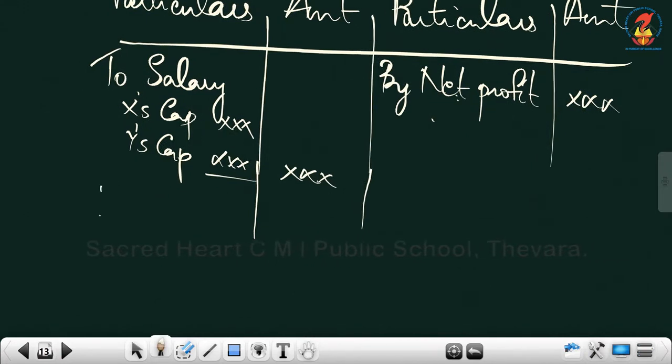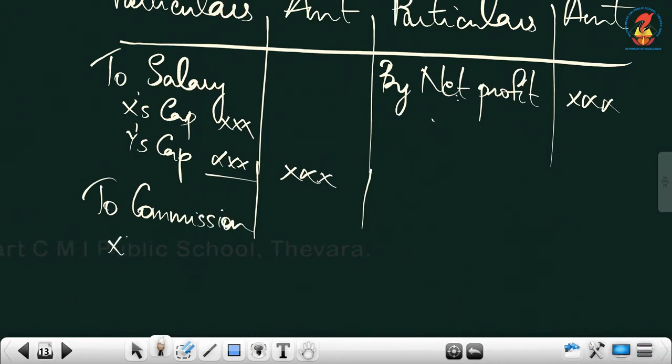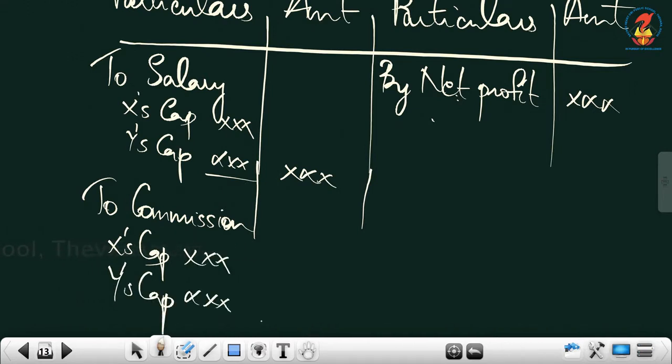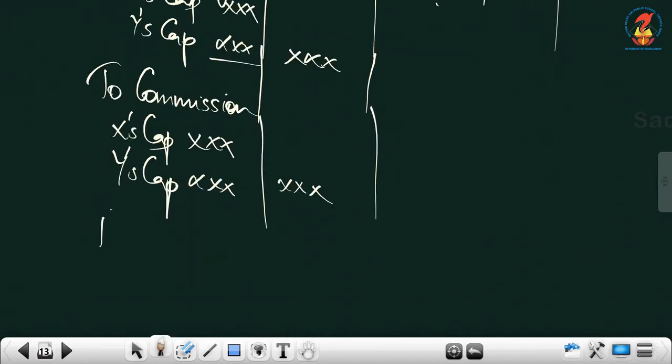Then next is to commission, X's capital, Y's capital. That means all these items you are transferring to partners. So we'll write it as partners' capital. So all remuneration you have to pay.